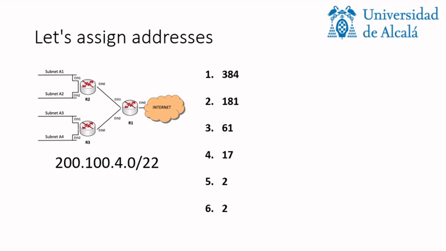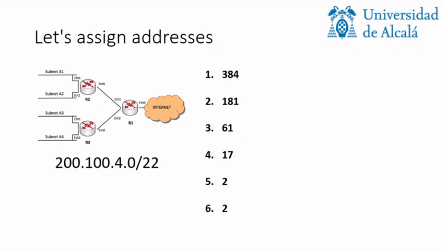To start assigning each subnet address, we first need to define the mask value. That is, the number of zeros in the mask, as the number of zeros defines the size of the address set.